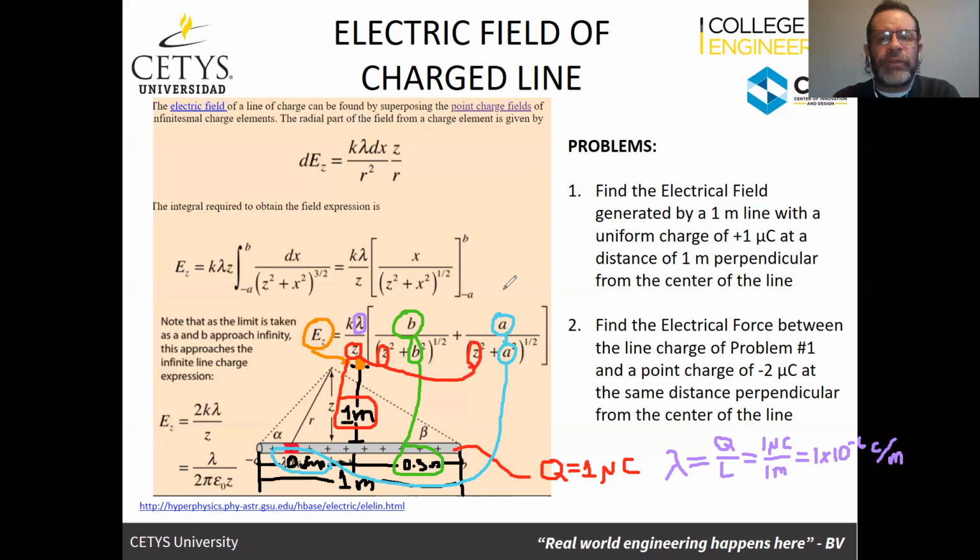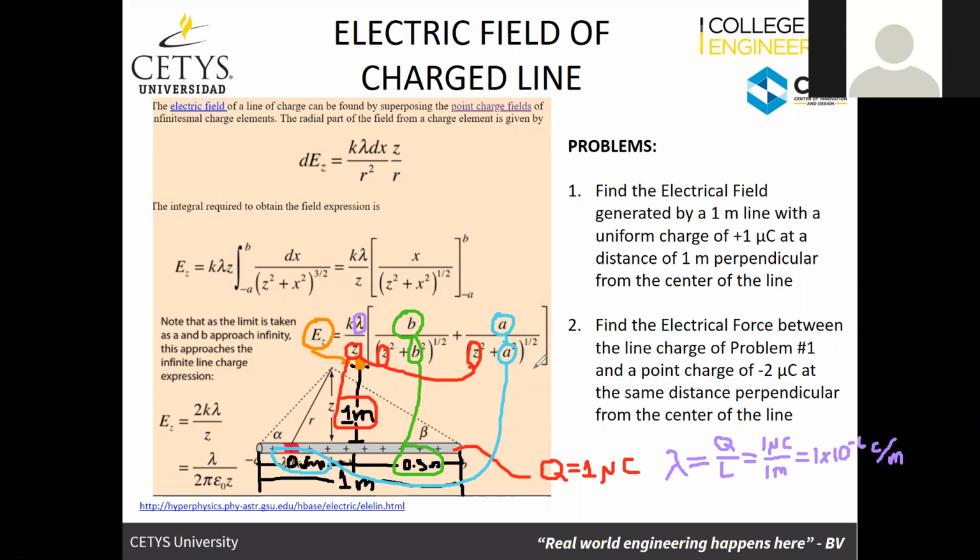In the integral, as a reference, it goes from minus A to B. But in the final formula or expression, we just use A and B because the signs have already been considered. That would be part of the procedure. If you do the bonus, you would find that by doing the procedure.